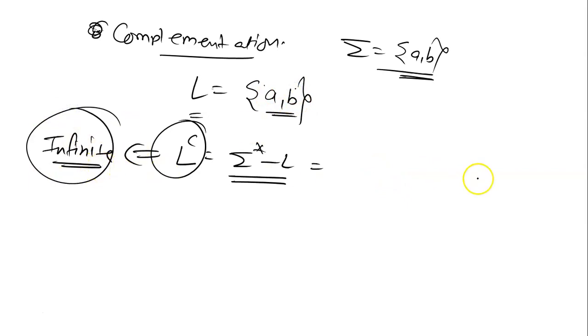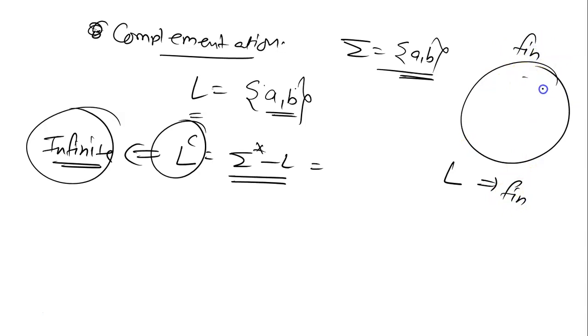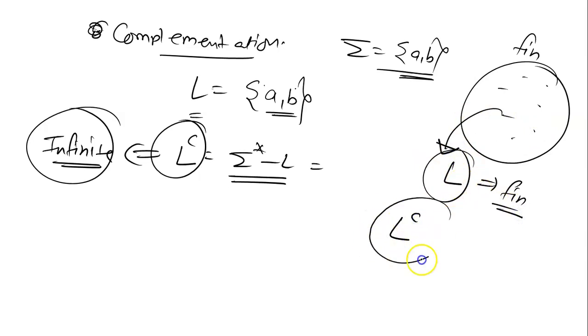So you can see that we have a finite language. This L is a finite language. This is our set of finite languages, and from this set we have taken this L, which is a finite language. Now when we apply the complementation operation, the result does not belong to this set, because the result is not finite.